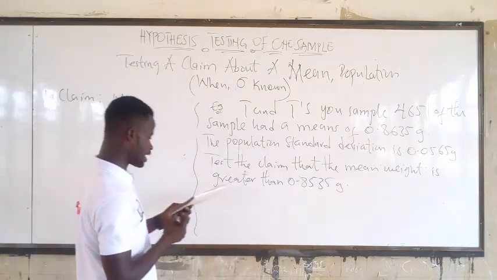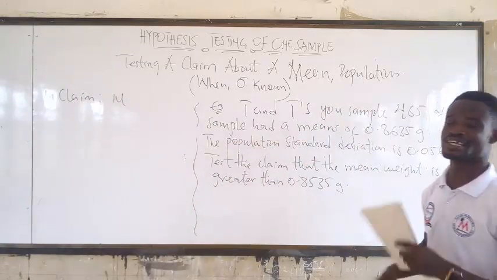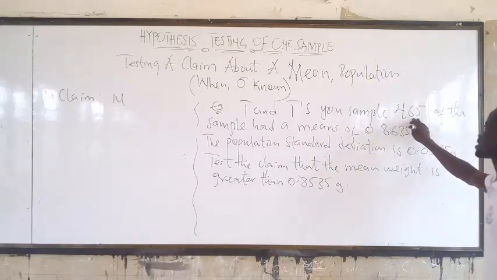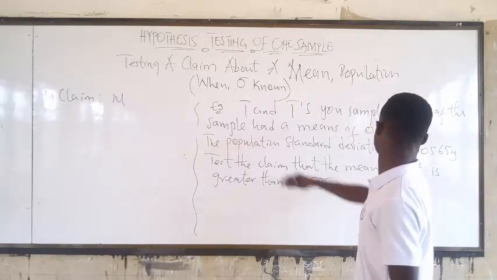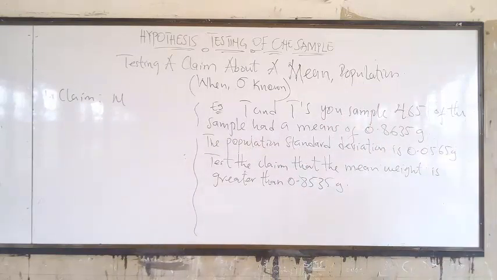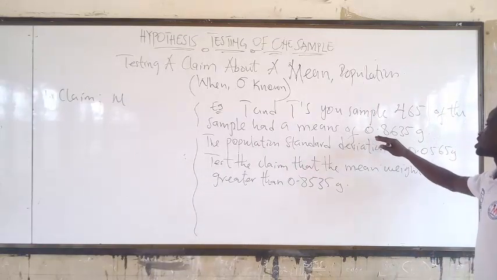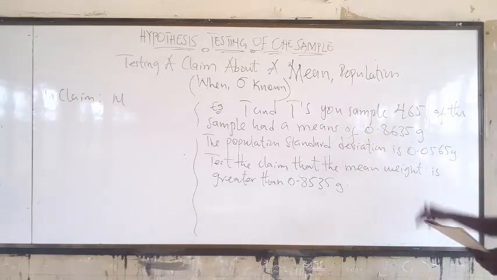Alright, so let's see the claim. T and T's. You sampled 465 of the sample and have a mean of 0.8635.